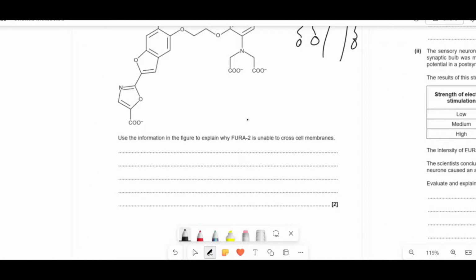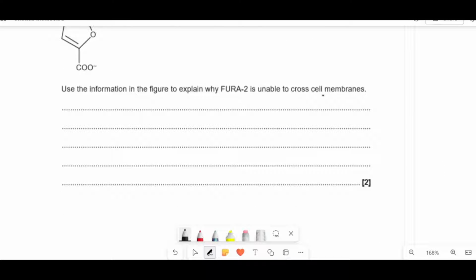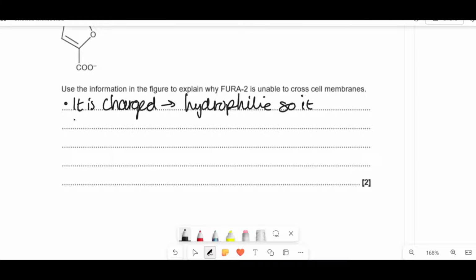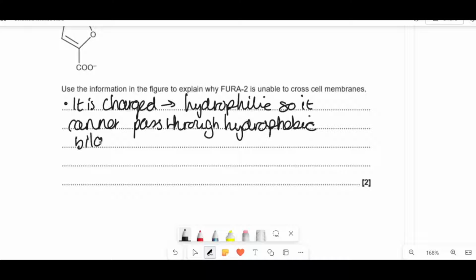So that's exactly why it can't come through. It is charged, therefore it's hydrophilic, so it cannot pass through the hydrophobic bilayer.